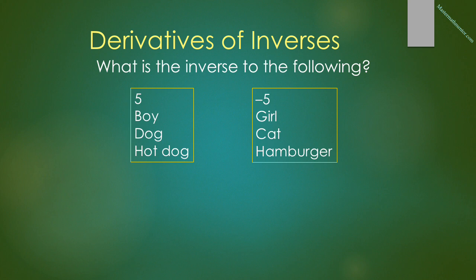Why do we think that? Most likely it's because people tend to have either dogs or cats. And at a cookout, people tend to have either a hot dog or a hamburger. But just as those are wrong, -5 for the inverse of 5 and girl for the inverse of boy is also wrong.